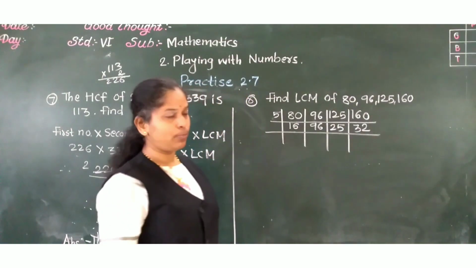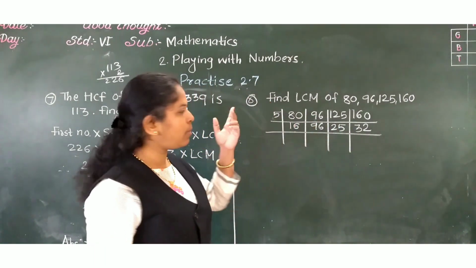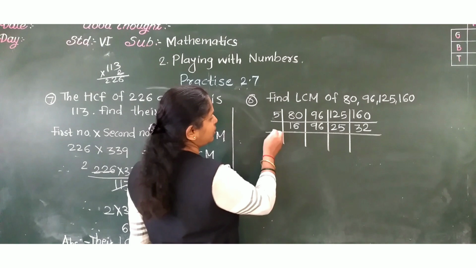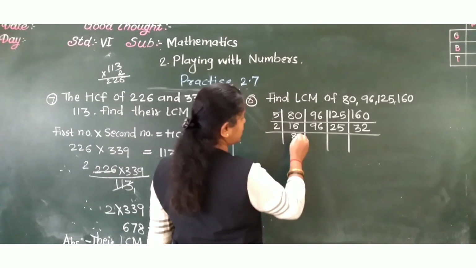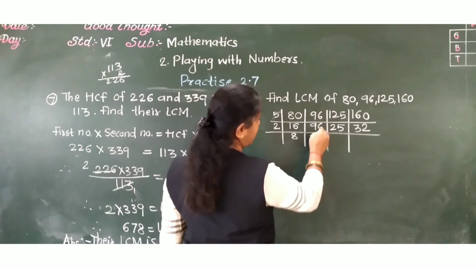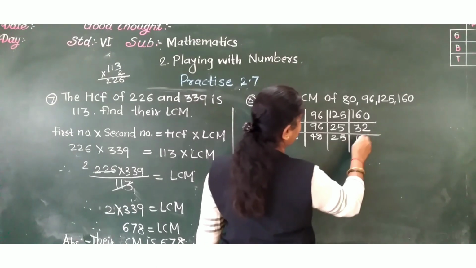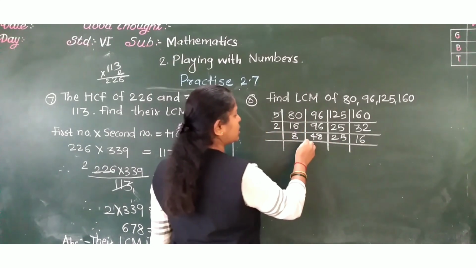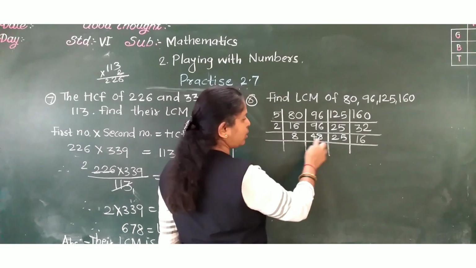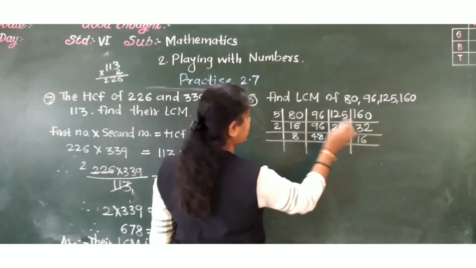If you look at the numbers 16, 96 and 32, they are divisible by which number? 2. So 2 8s are 16, 2 48s are 96, 2 16s are 32, 25 write as it is. Again divide these three numbers by 2, because look at their units places.